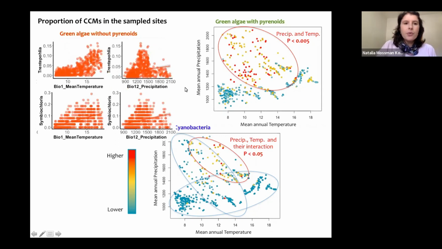Highlighting here, among the green algae without pyrenoids, the ones that had the strongest relation to what we saw are the genera Trentepohlia and Symbiochloris, which both had similar patterns when we compared these proportions with the temperature and precipitation variables.